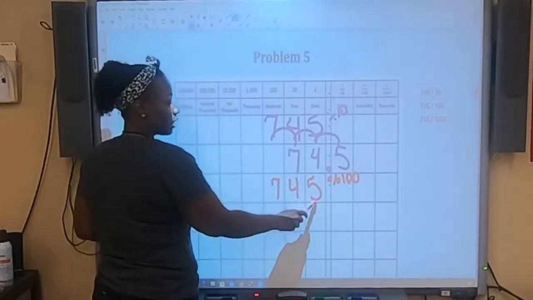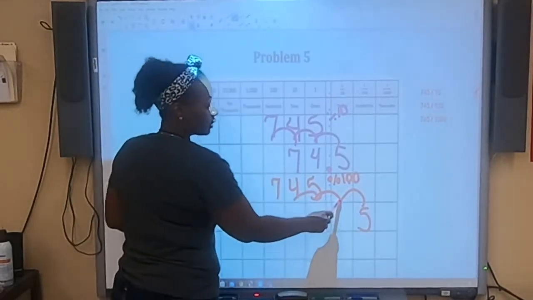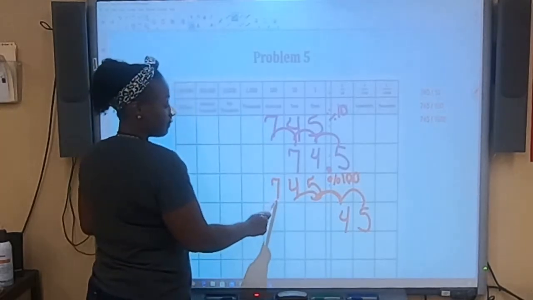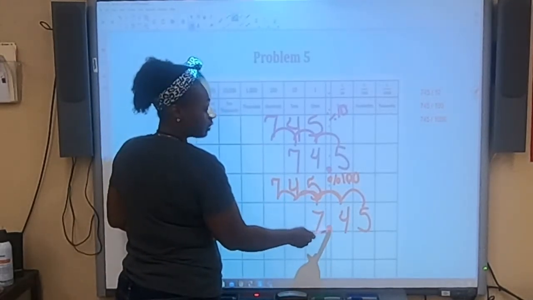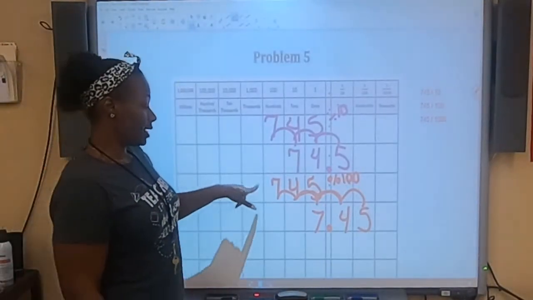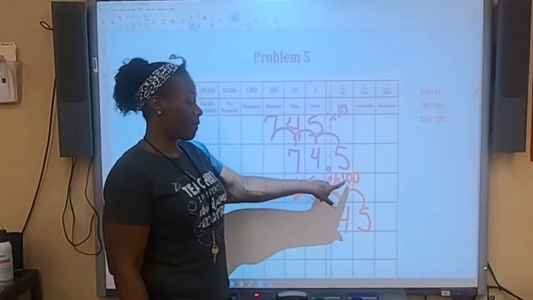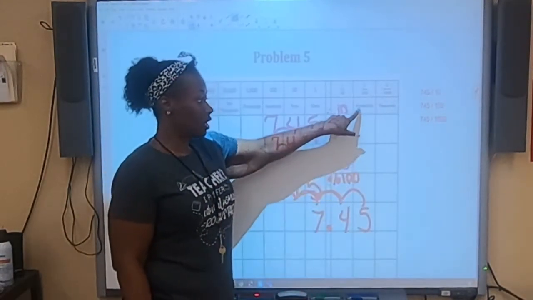So my 5 is going to go 1, 2. My 4 is going to go 1, 2. My 7 is going to go 1, 2. Notice my decimal's right here in the middle, so I do not need any zeros. So that shows me that 745 divided by 100 gives me 7 and 45/100.